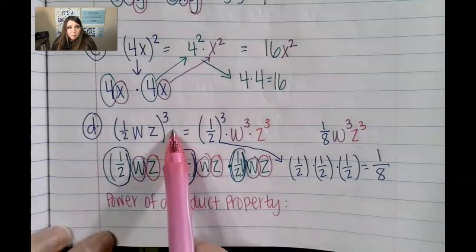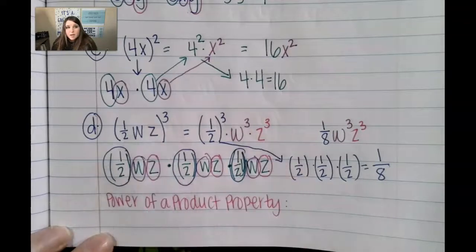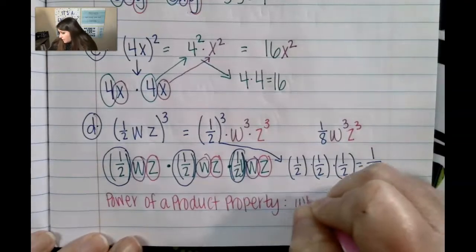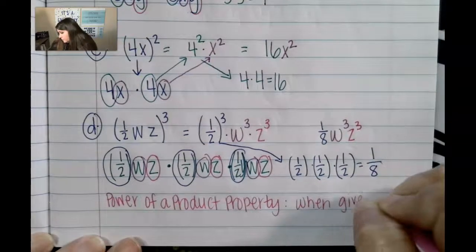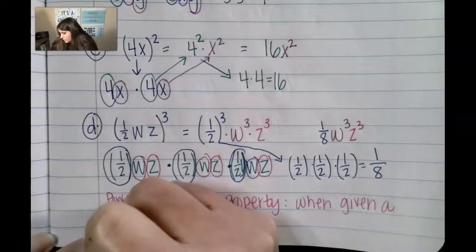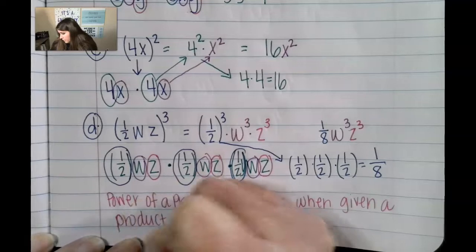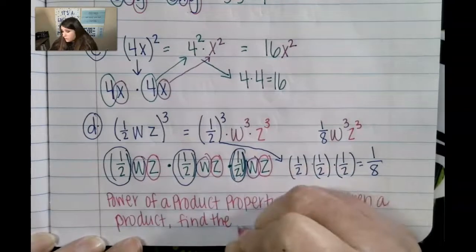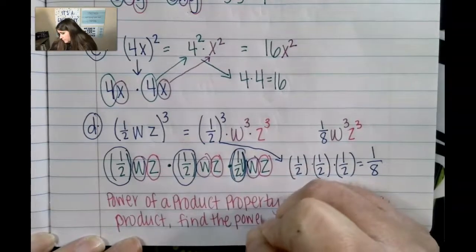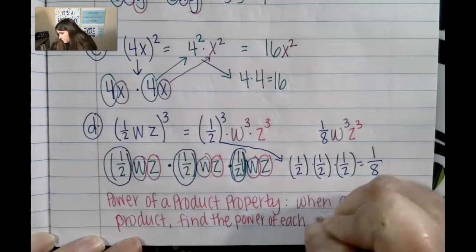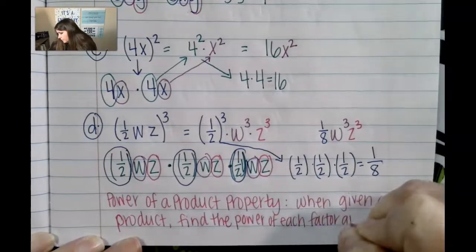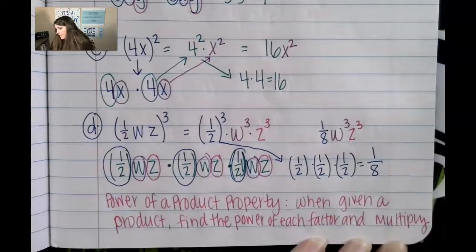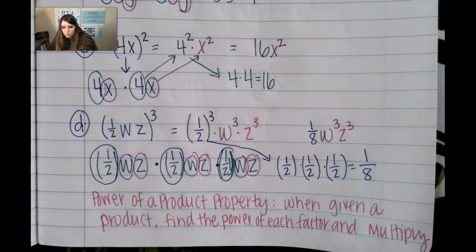So when given a product, find the power of each factor and multiply. All right, and that is the power of a product property.